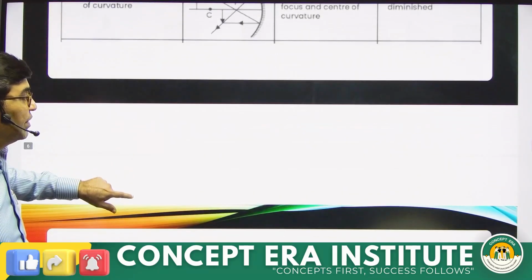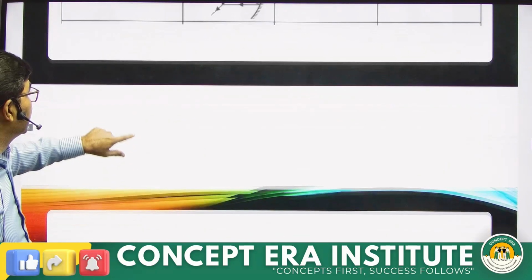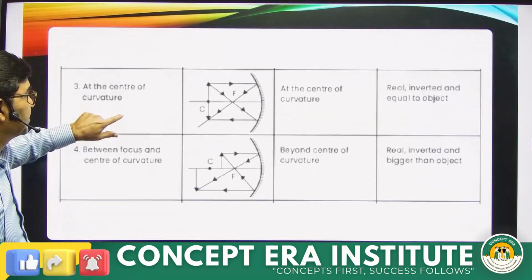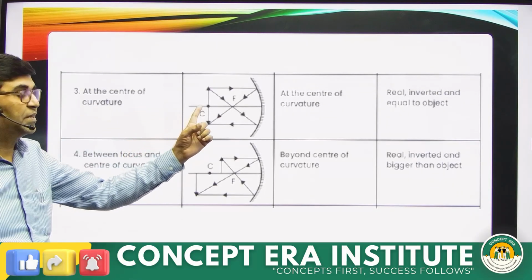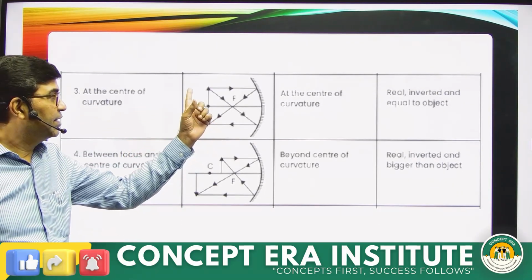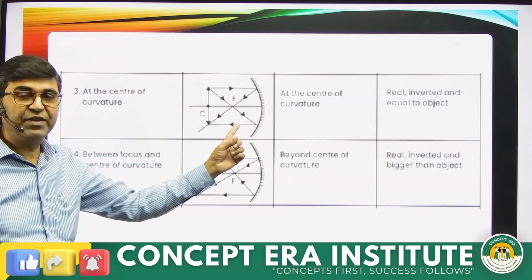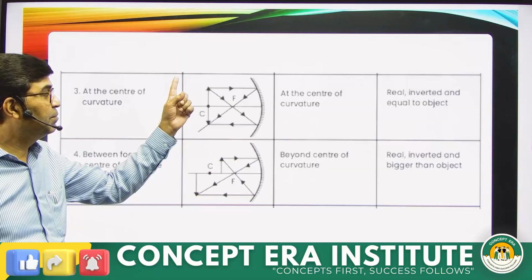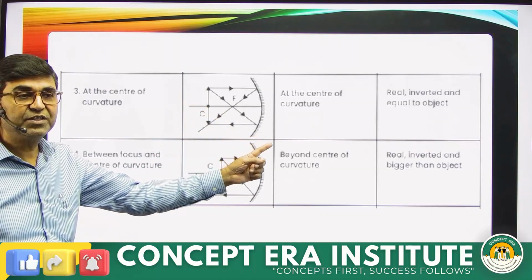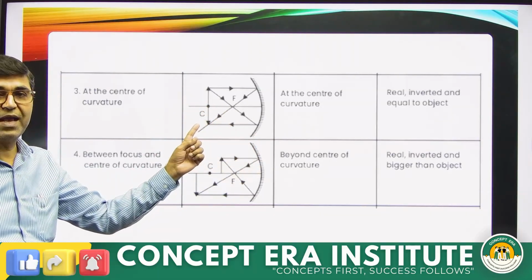Next, when the object is placed at center of curvature. When the object is at center of curvature, again we use two rays, one parallel to principal axis and after reflection passing through the focus, and one passing through the focus, and after reflection it will become parallel to the principal axis.